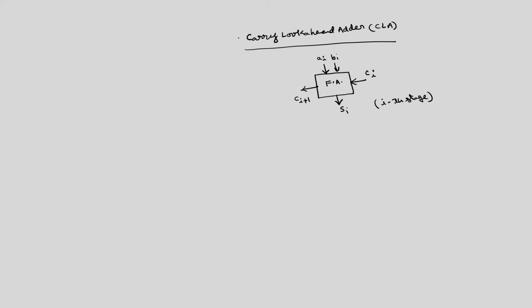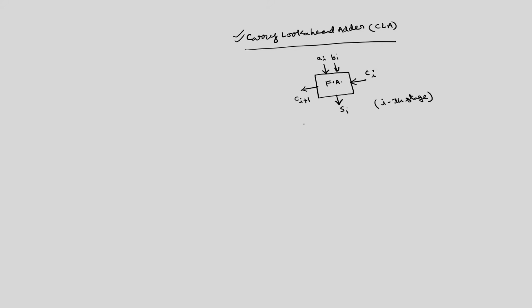Now, as the name implies, we are going to generate all the carries at a time. Instead of generating C1 first and then C2 and then C3 and so on, we will generate all the carries simultaneously.